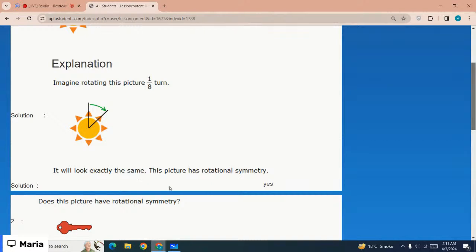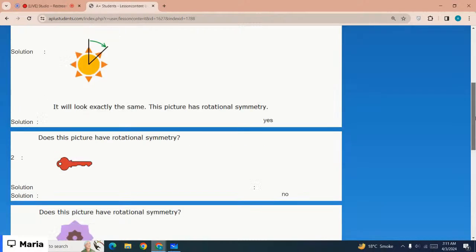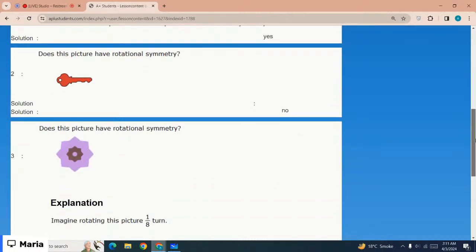Okay, let's start with the next example. Does this picture have a rotational symmetry? Which is the correct option? No, this isn't right.